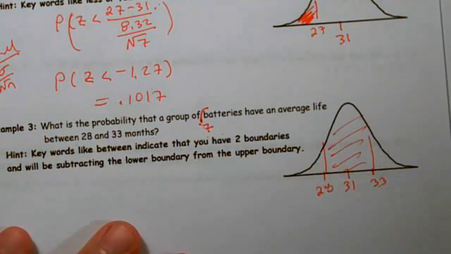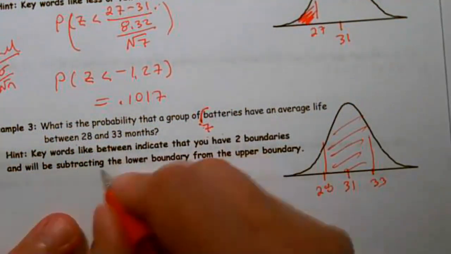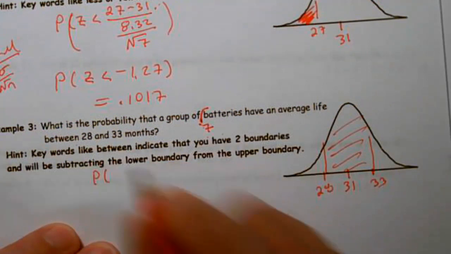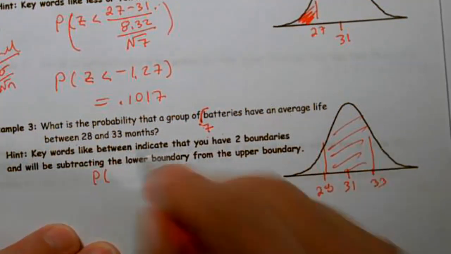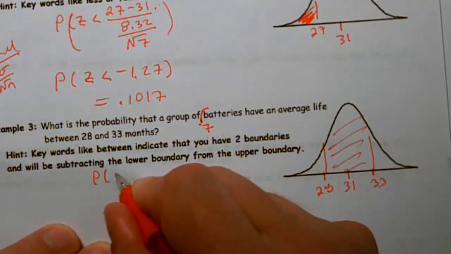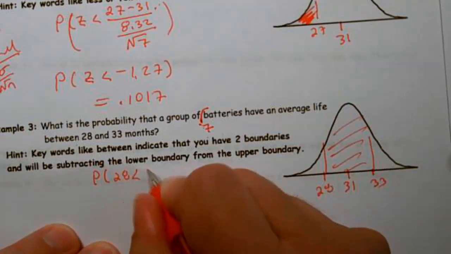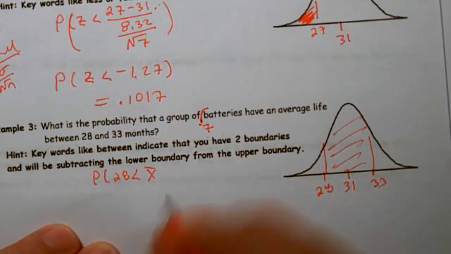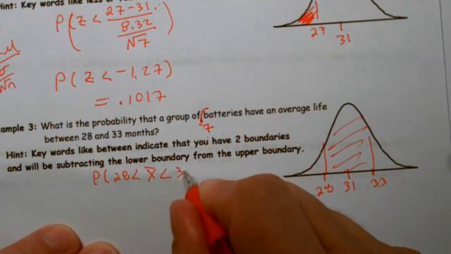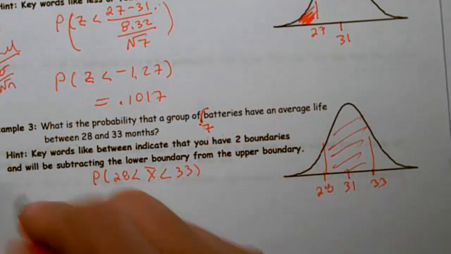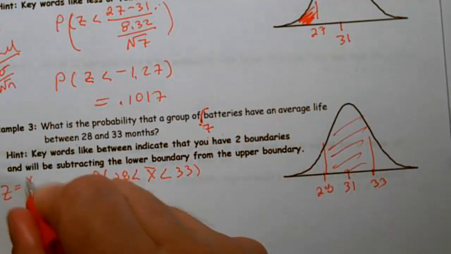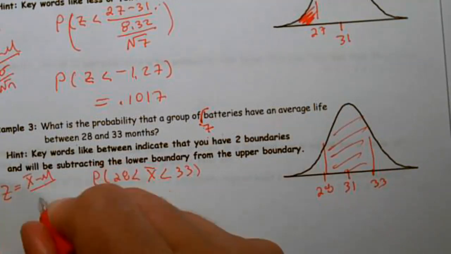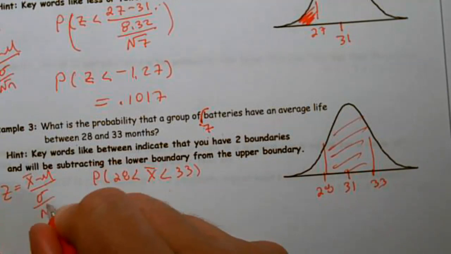So I'm looking for the in-between, which means I need to be subtracting. So we're doing the probability that 28 is less than x bar, make sure it's an x bar because we're working with the mean, is less than 33. So z equals x bar minus mu, sigma divided by the square root of n.